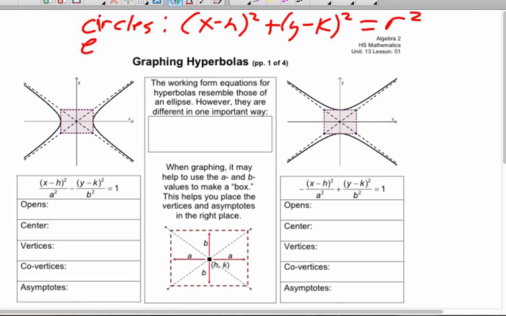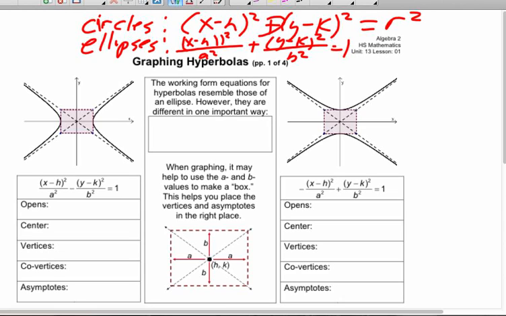For ellipses, which are squished circles, it was (x minus h) squared over a squared plus (y minus k) squared over b squared equals 1. You notice both of these, we are adding both of these terms.